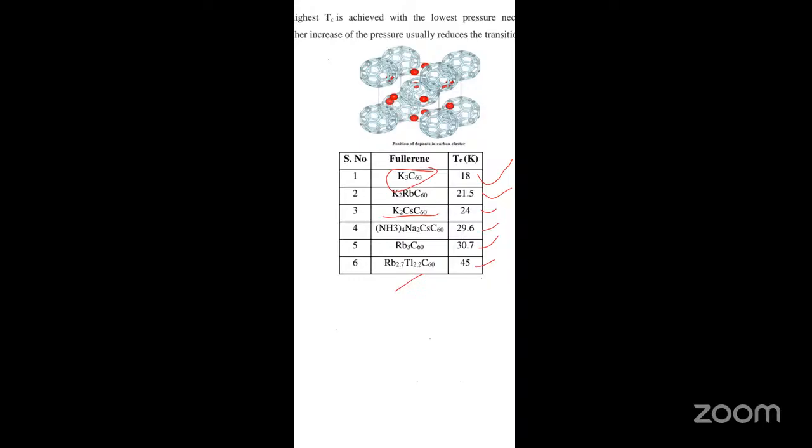Finally, rubidium and thallium combined with C60 show superconductivity behavior at 45 Kelvin. So this is about the entire solid state topic.